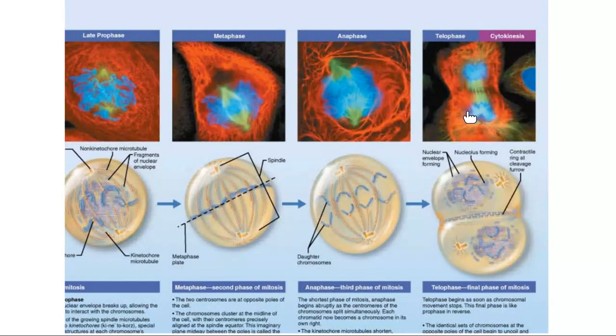By the time we get to telophase, the last phase of mitosis, my genetic information actually starts to become chromatin again. It gets looser again. So when you're looking at telophase, you're going to see two looser parts of genetic information that are completely separated from each other. That's my biggest difference, because in telophase we form new membranes and we make chromatin again.